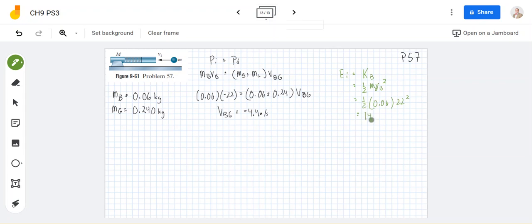So I got 14.52 joules. So what about the final energy? Well, what's the final energy situation? We have the kinetic energy of the ball and gun plus the elastic energy stored in the spring. That's actually what we end up looking for here. So let's find this energy here.